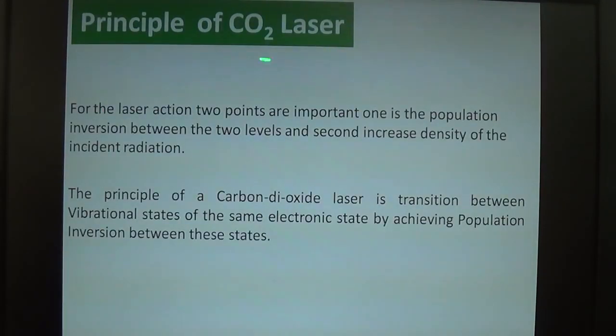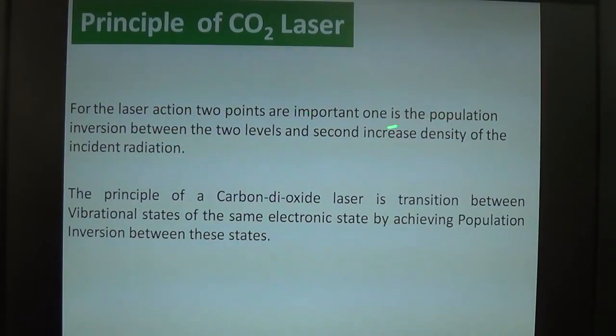The principle of the CO2 gas laser is that for laser action, two points are important. One is the population inversion between the two levels, and the second point is increased density of the incident radiation. So these two points are important for any laser.